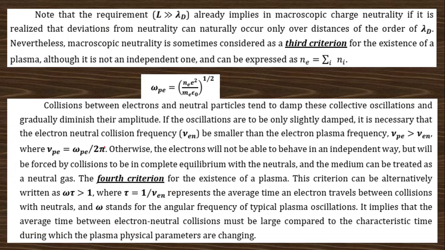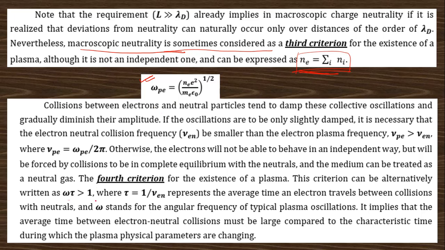The third condition says that microscopic neutrality is sometimes considered as the third condition. That means the total charge within the plasma must be neutral. This microscopic neutrality is another criterion. And the fourth one is the frequency.